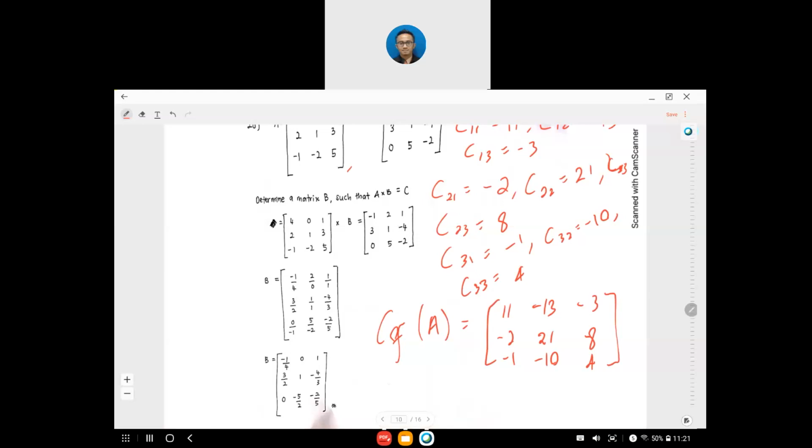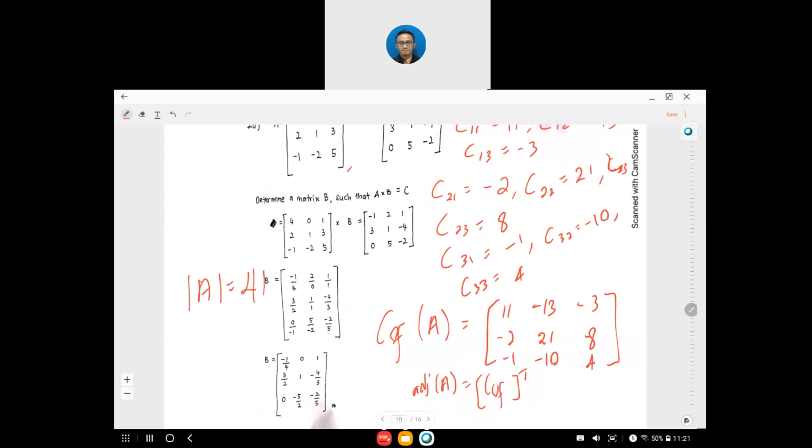Adjoint of matrix A equals the transpose of the cofactor. So transpose yang tu. Determinant of matrix A, you can get 41.